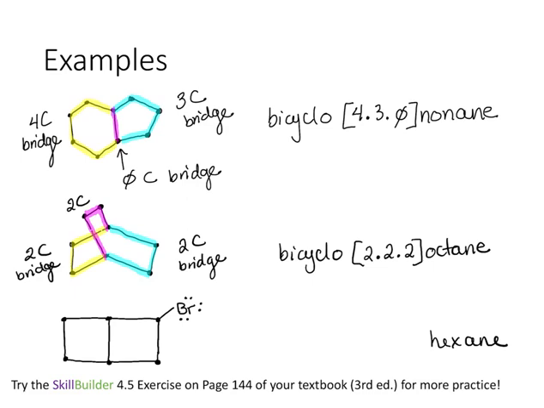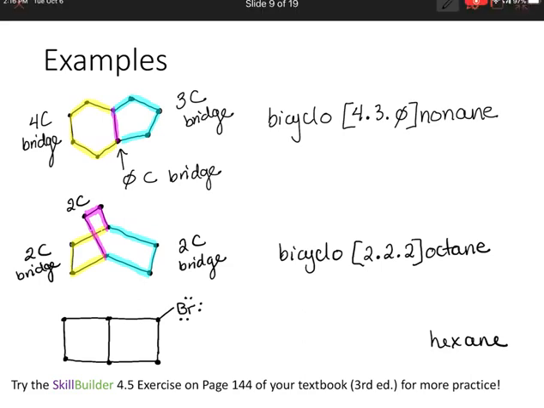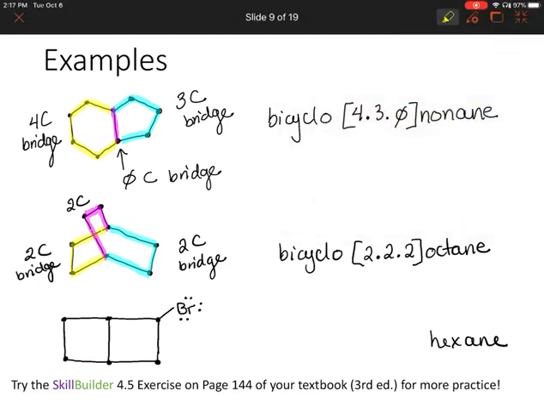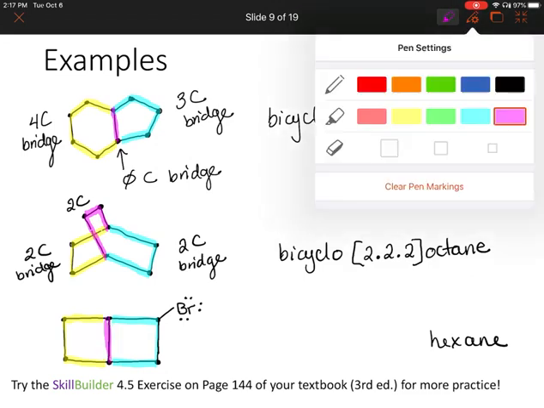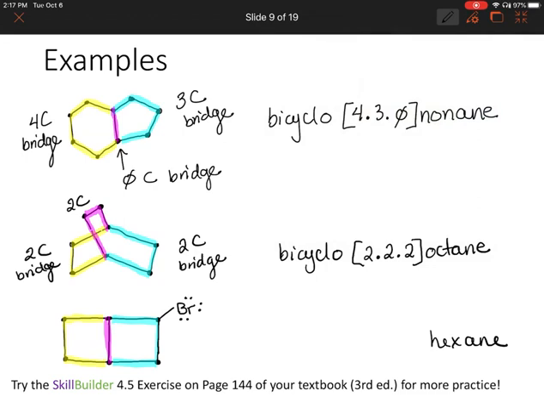All right, and now we have to count our bridge lengths. So let's highlight our bridges. We have one on the left. We have one on the right. And we have a bridge in the middle. So how many carbons are in the bridge on the left, the yellow bridge? 2.